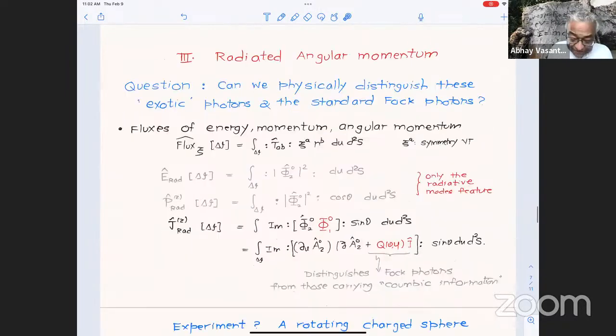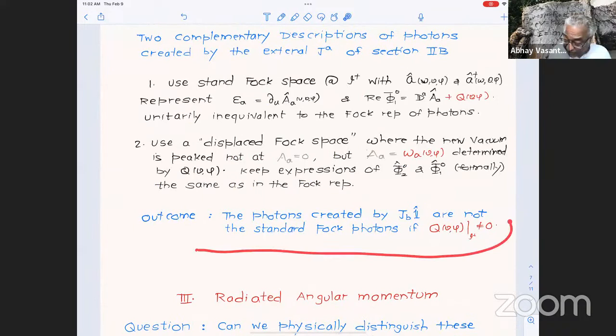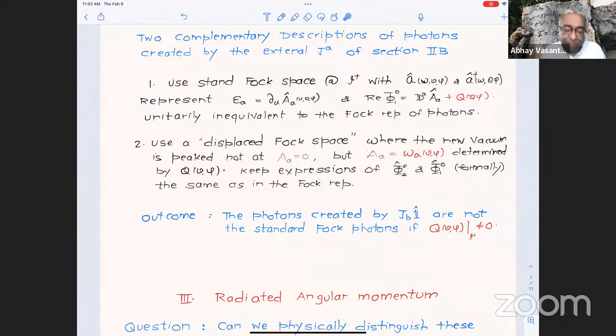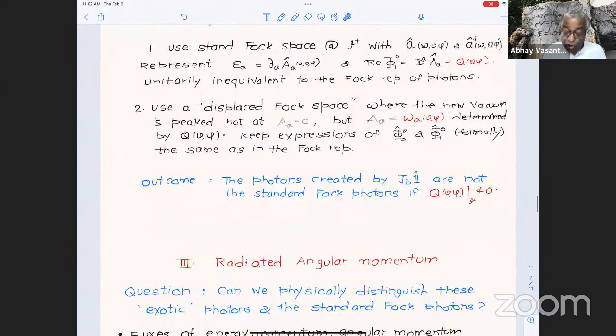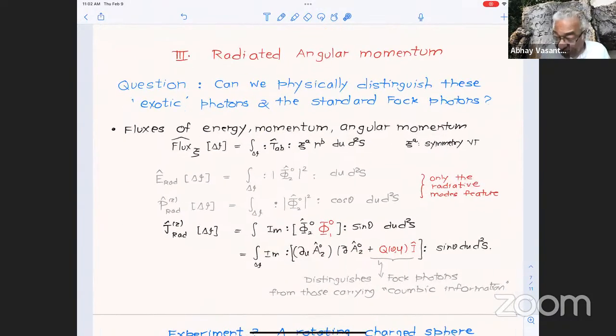So the question is here that we just saw a mathematical construction that these photons created by the sources are not in the Fock space, or not in the Fock representation is what I should say. They carry additional information, which is the Coulombic information, and the Fock photons have no Coulombic information at all. So the question is now, is this Coulombic information anyway manifest?